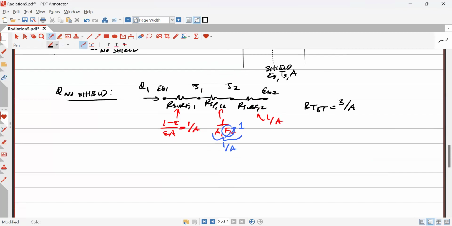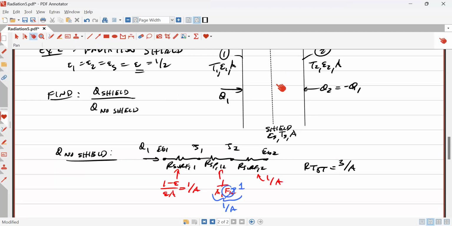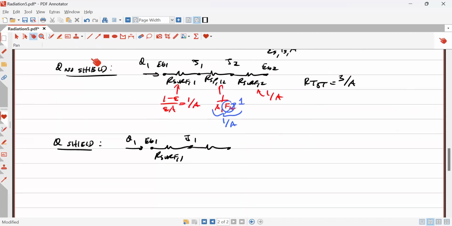Let's look at it if you have a shield. Well, in our case here, we have Q1, we have EB1, surface resistance, which is J1. Now, all that radiation leaving 1 now hits the shield on the left side.